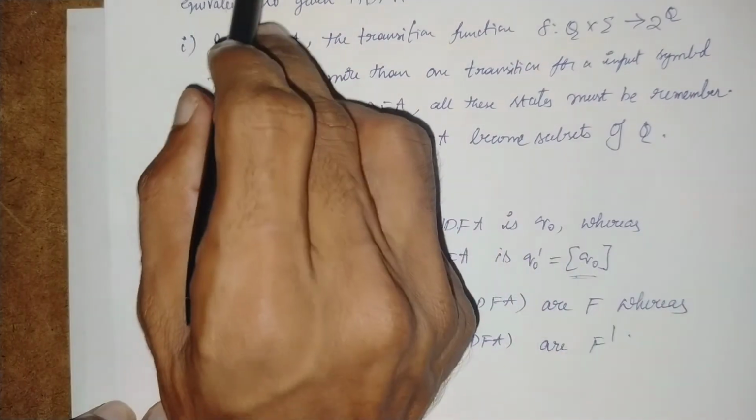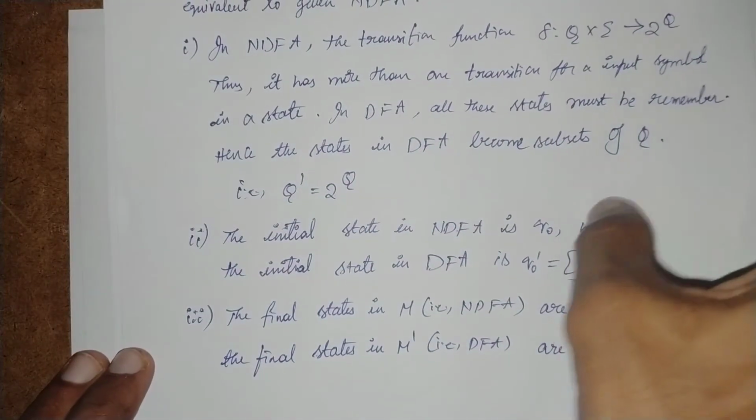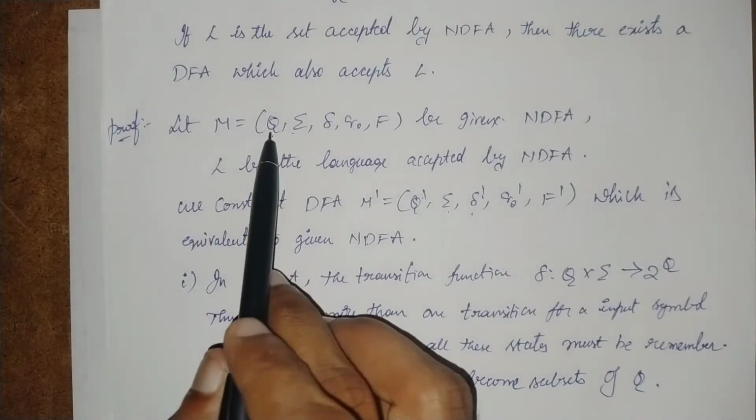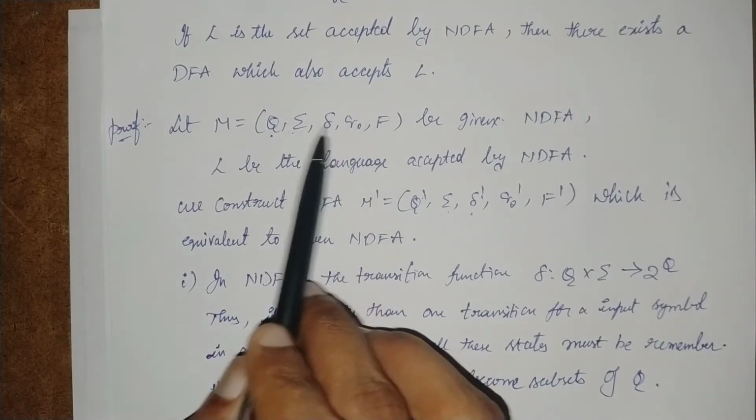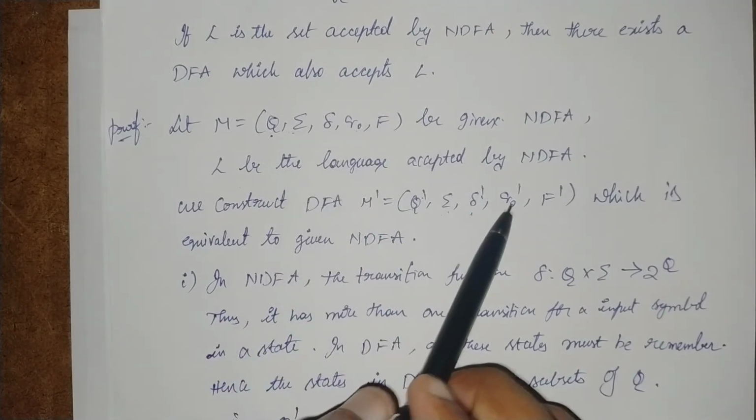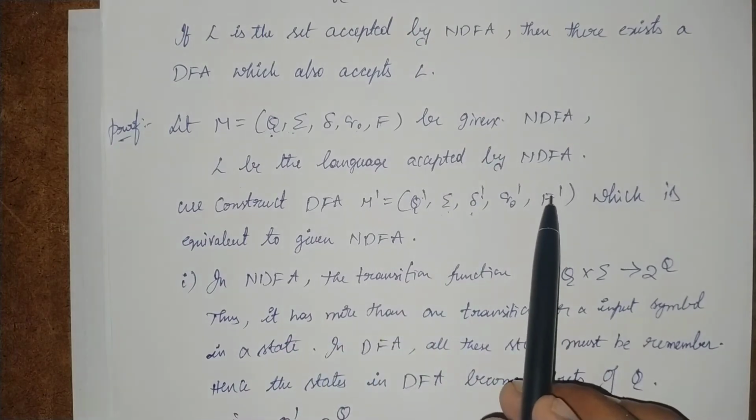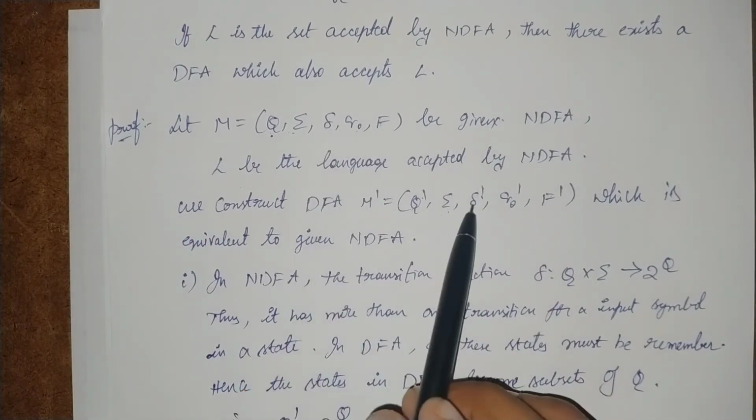So we explain Q dash and Q naught dash, capital F dash, and the remaining is delta dash.